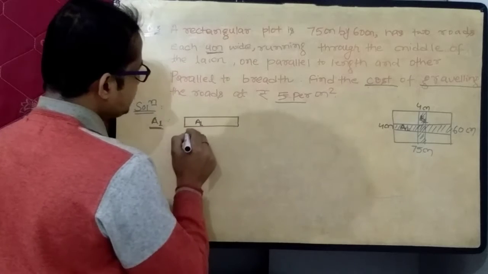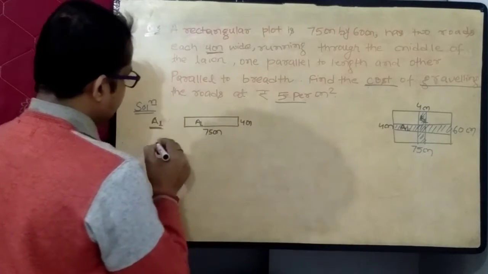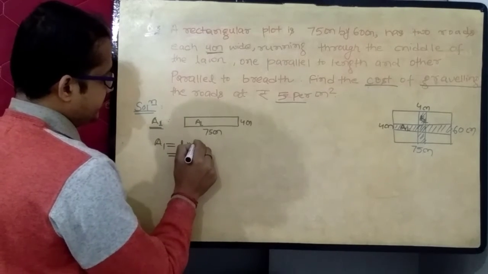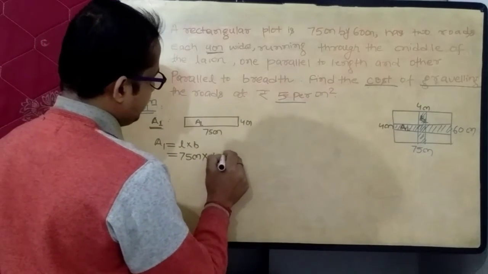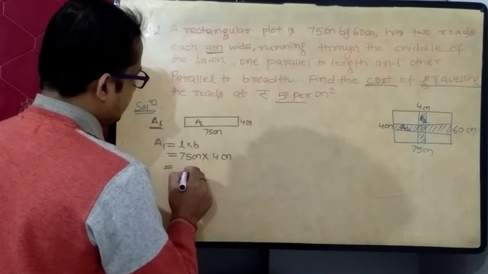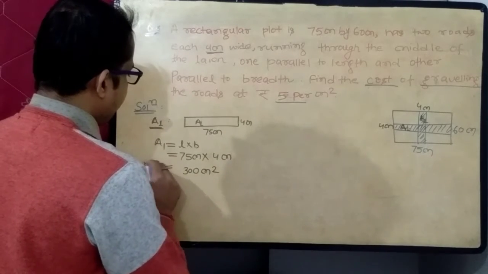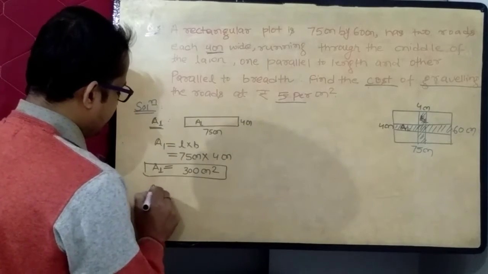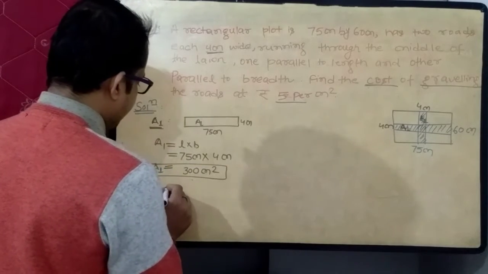This is 75 meter. This is 4 meter. So A1 equals to L multiplied by B. L is 75 meter multiply 4 meter. You get 300 meter square. So area A1 equals to 300 meter square.